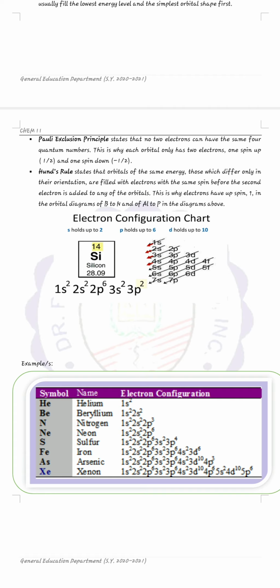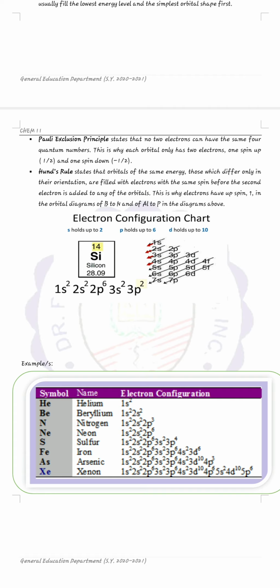Or it said that this is why each orbital only has 2 electrons. Okay. So, yun na nga sinasabi natin that in the orbitals, always the electron is outside the nucleus. So, meaning to say, in the orbitals, there is only 2 electrons. Always remember that each orbital only has 2 electrons.